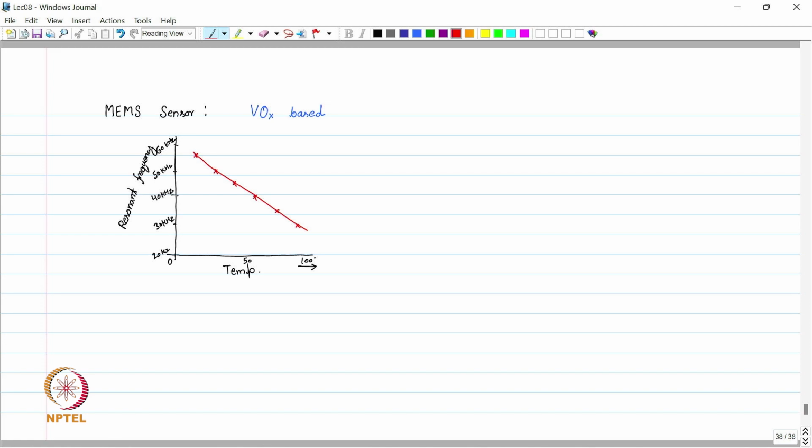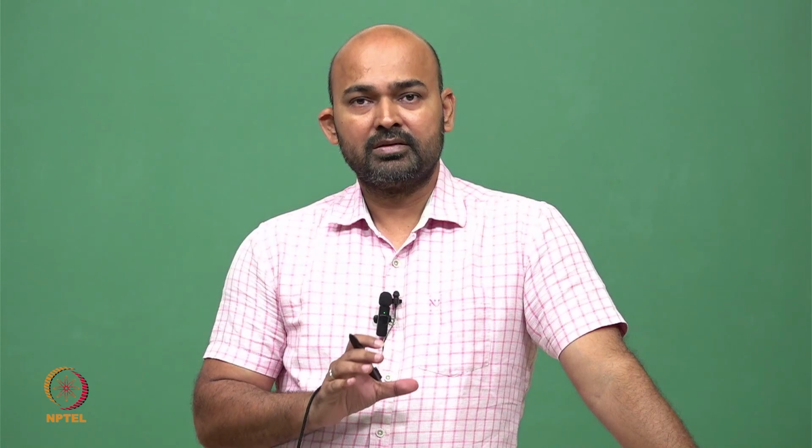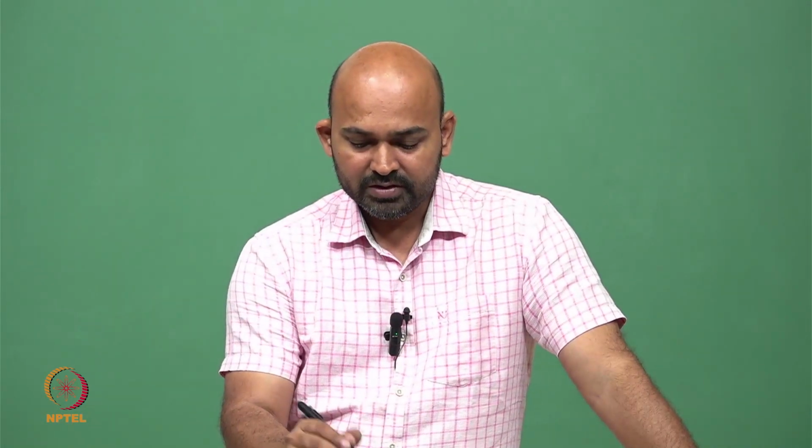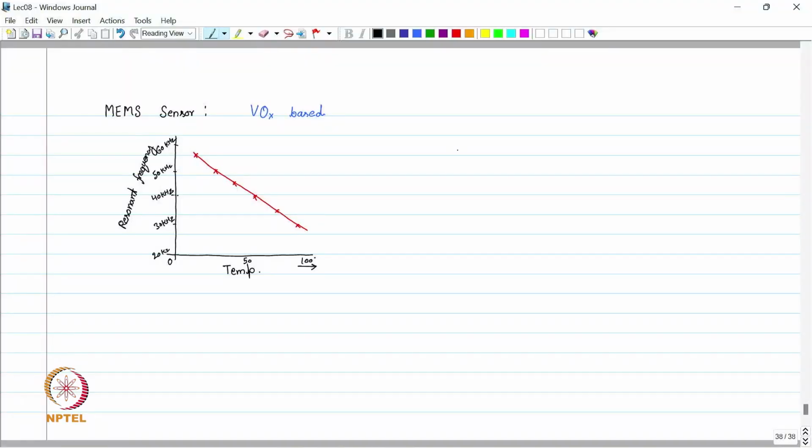And if we plot the quality factor of this MEMS device, it will look something like this. On the x-axis we have temperature again, between 0 and 100, and on the y-axis we have the quality factor.